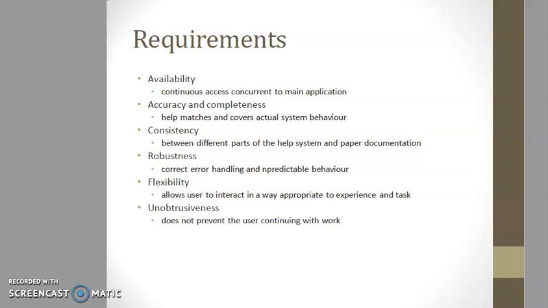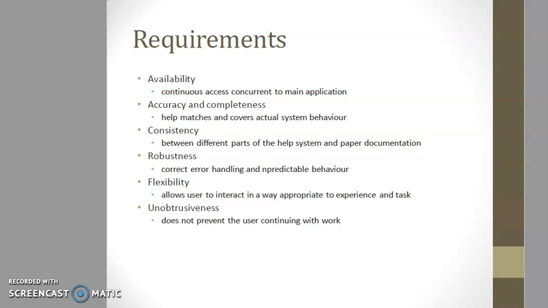However, if the assistance provided proves not to match the actual behavior of the system, the user will at best become frustrated with the help facilities and at worst get into difficulties.